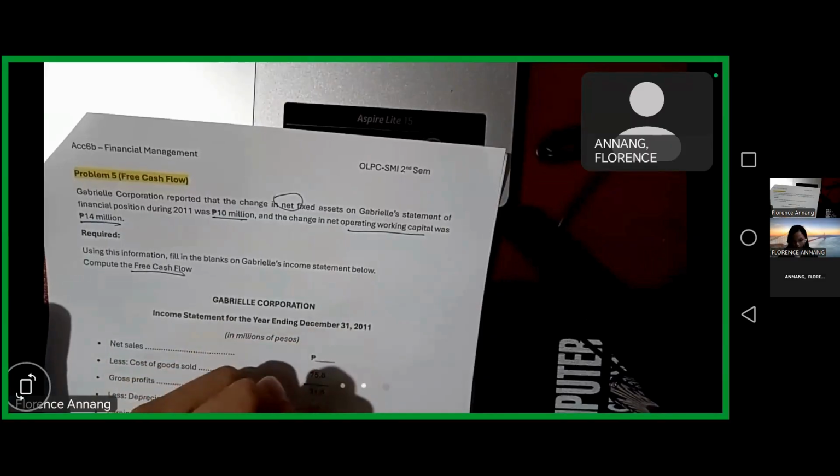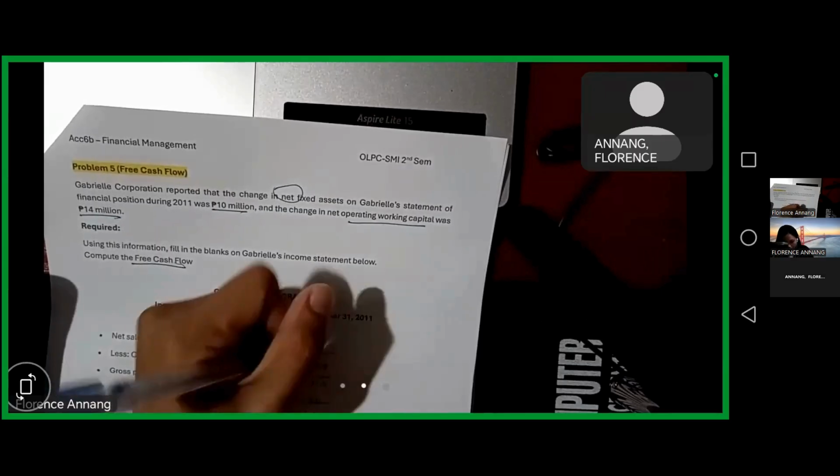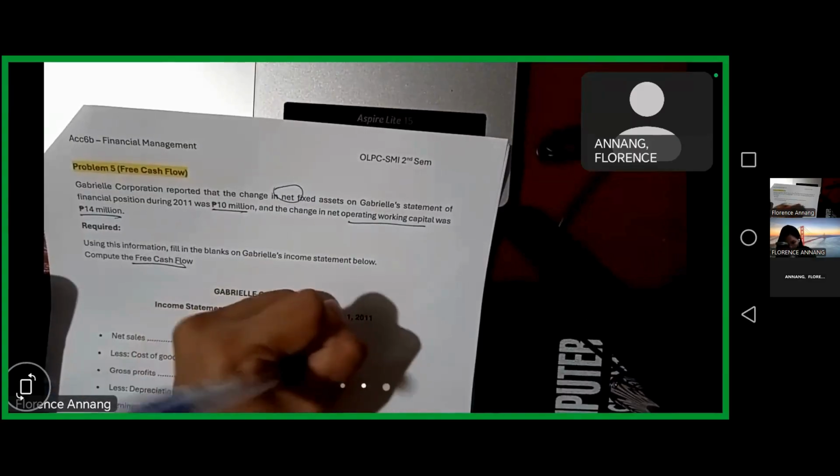This is very basic. So for our net sales, you just add from your gross profit yung cost of goods sold, that is 31.5 plus 75.6, you have 107.1 million.